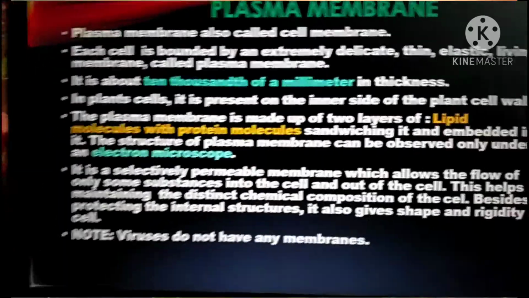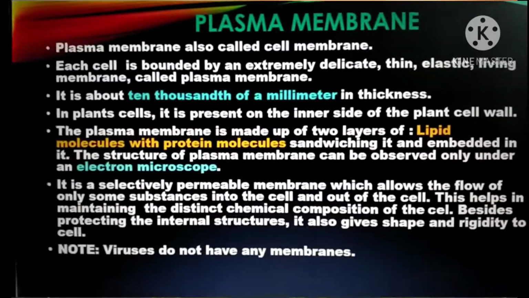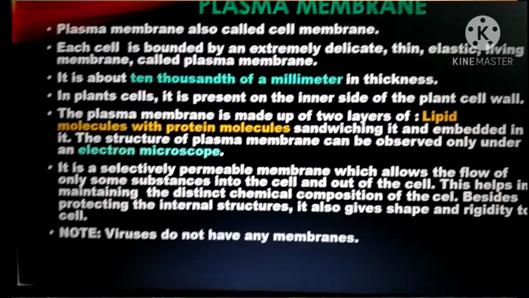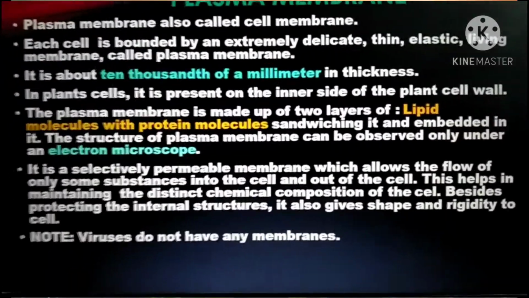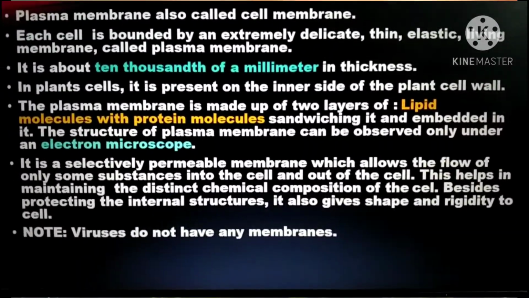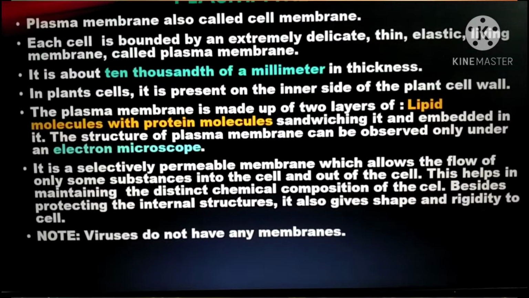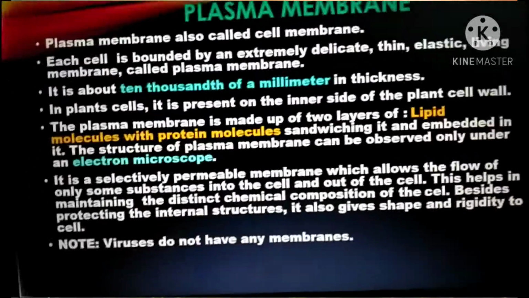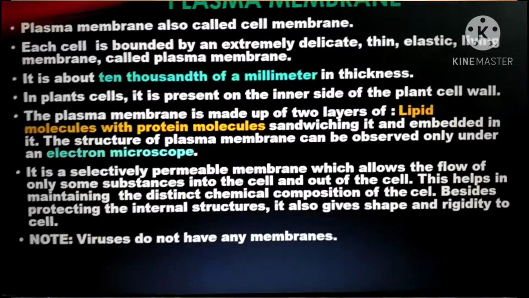The plasma membrane is made up of phospholipids, meaning molecules of phosphorus and lipid, that is fats, along with protein molecules embedded in it in a sandwich form. The structure of the plasma membrane, the detailed fluid model, can be seen only under an electron microscope.